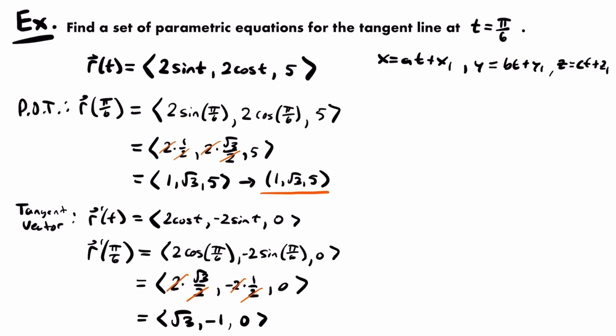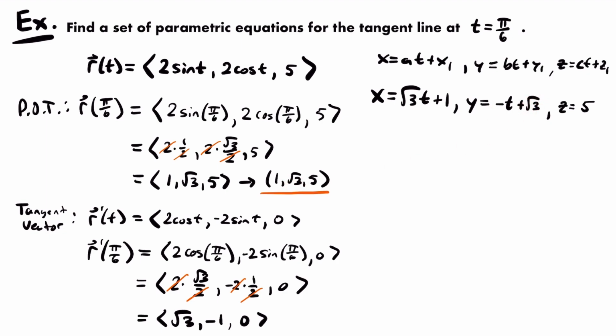So here's what we're going to have. We'll have x equals the square root of 3 times t plus 1, y equals negative t plus the square root of 3, and z equals 0 times t, so just 0 plus 5, so z equals 5. All right, so the square root of 3 was the x component of the tangent vector, 1 was the x coordinate from the point of tangency, negative 1 was the y component of the tangent vector, and the square root of 3 was the y coordinate.